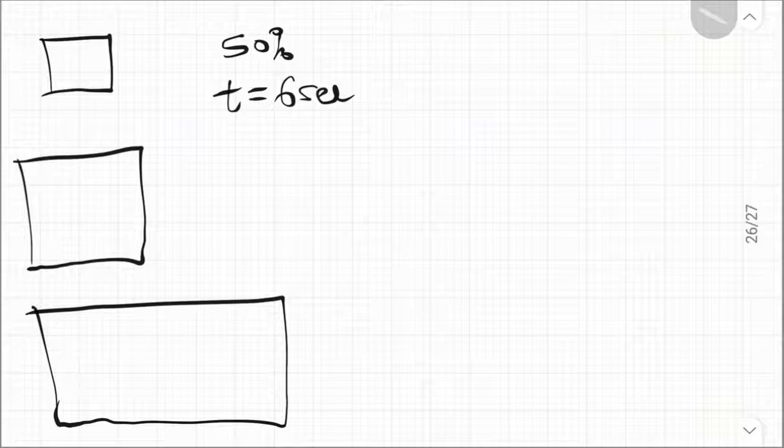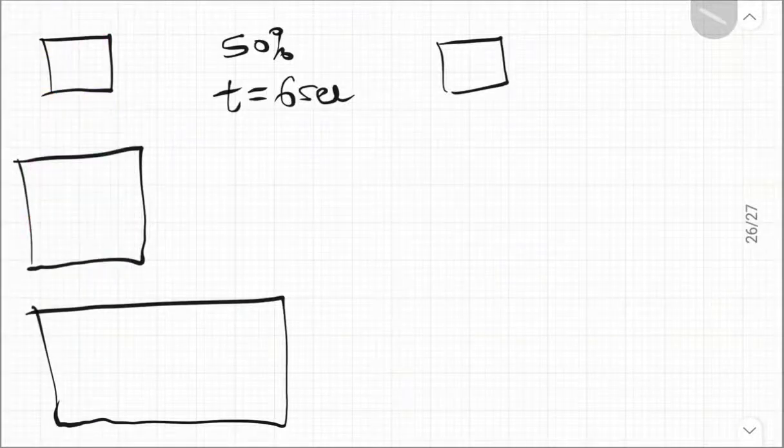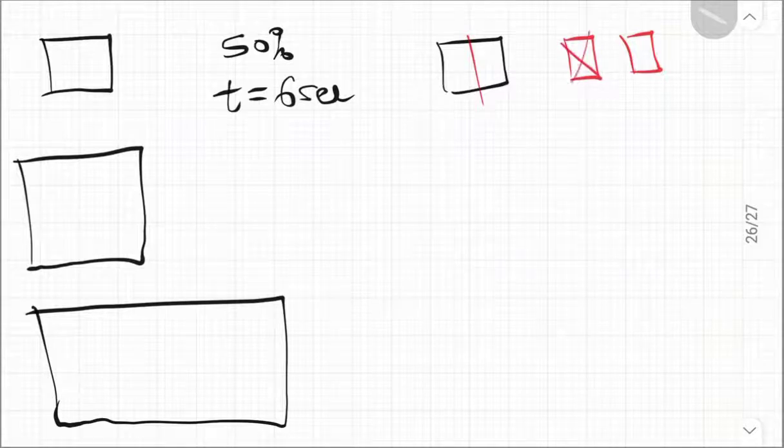Of course, since it is 50%, that should be a half-life, right? So t should be a half-life. Okay, so after time t equal to 6 seconds, this will reduce to half. So it will break in half. All right, so we just have this and this, so this would have decayed.